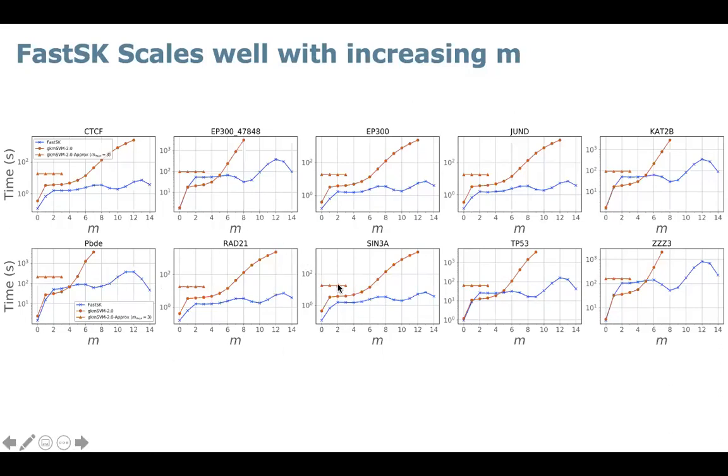We also show the gkm-SVM approximation method, which can't work with more than 3 mismatches. As we showed on the previous page, when you have a large g their performance drops dramatically, so I recommend users don't use their approximated versions.